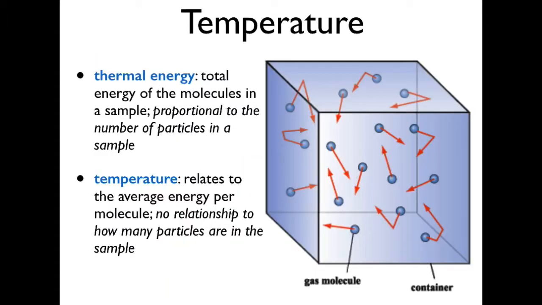So now we can talk about thermal energy and temperature as well. Okay, so thermal energy is the total energy of the molecules in a sample, and it is proportional to the number of particles in a sample. Okay, that means if a sample is bigger, it's going to have more thermal energy.